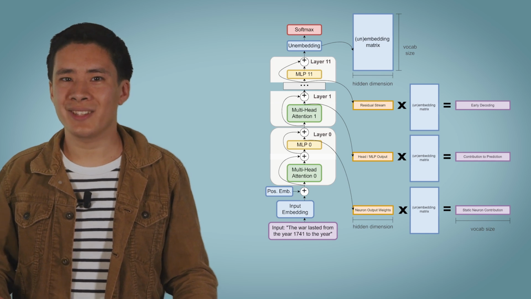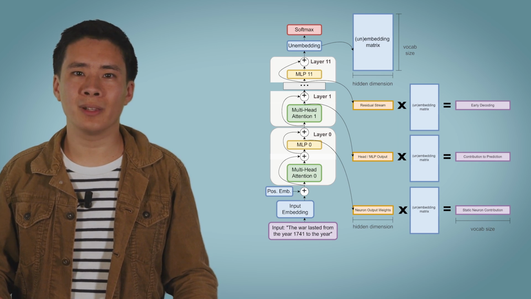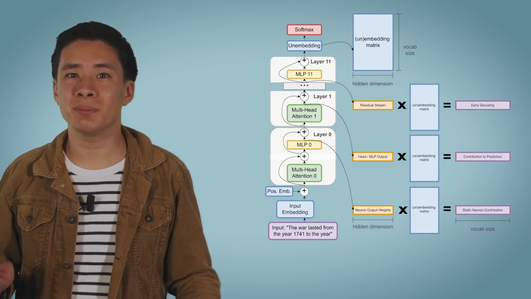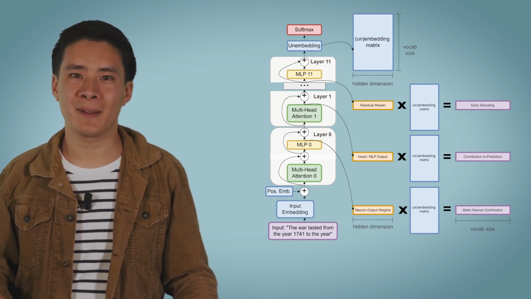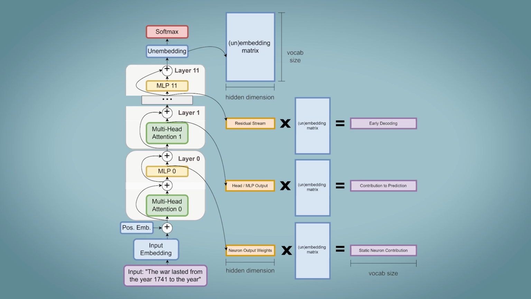Today, we'll answer that question with the logit lens, a technique that allows us to view model activations in interpretable vocabulary space. So during a typical forward pass, the output of the model's final layer is multiplied by the unembedding matrix.